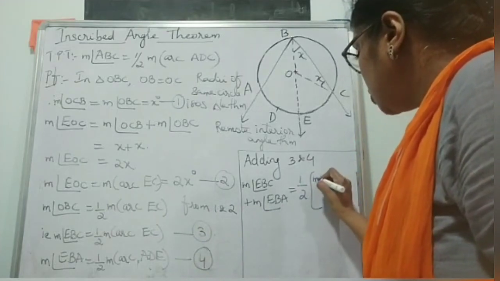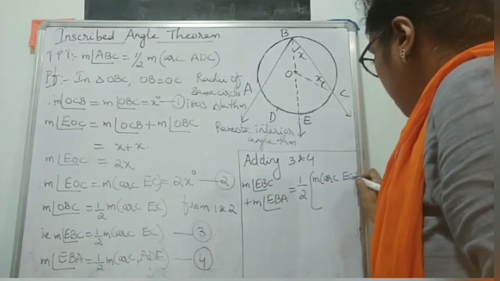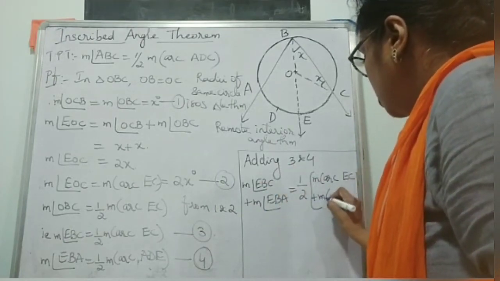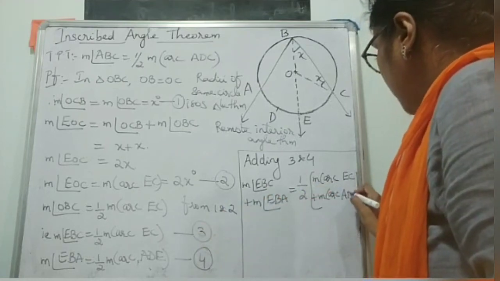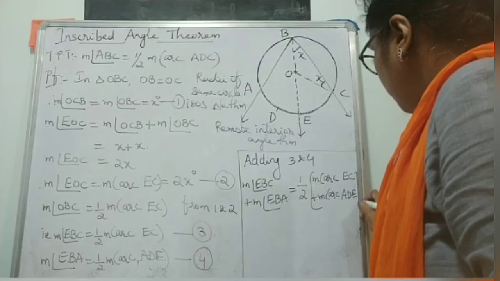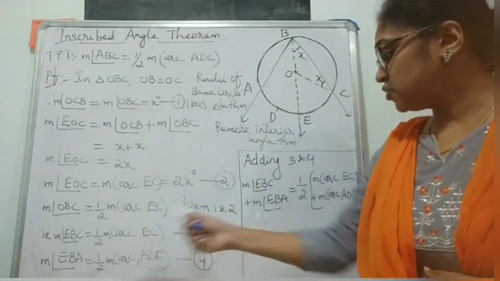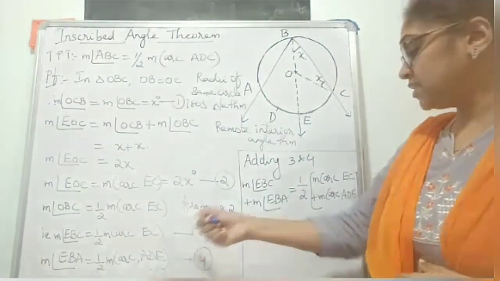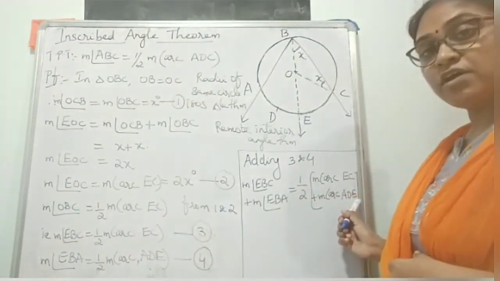It will be the measure of arc EC plus the measure of arc ADE. So the measure of angle EBC plus the measure of angle EBA is equal to half of the measure of arc EC plus the measure of arc ADE.